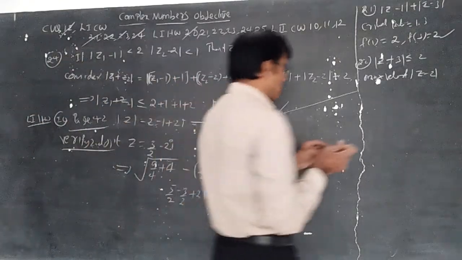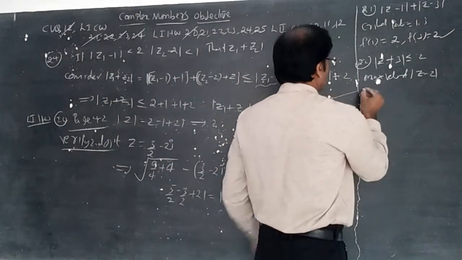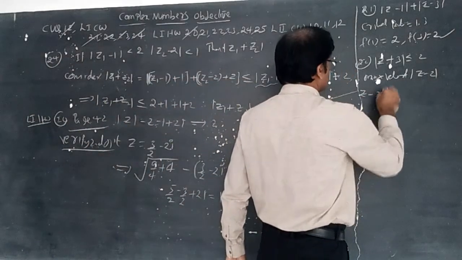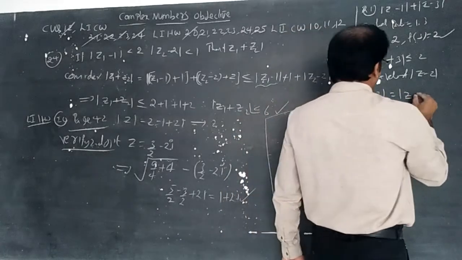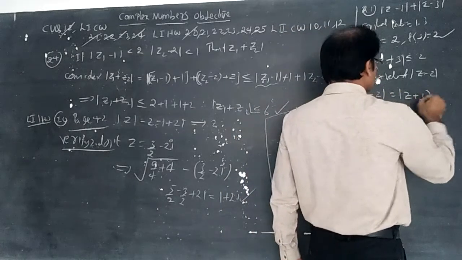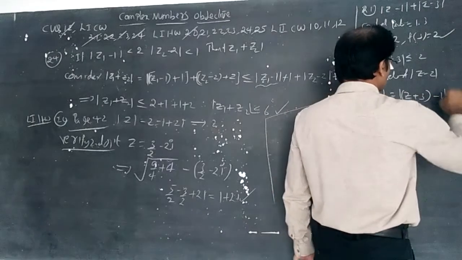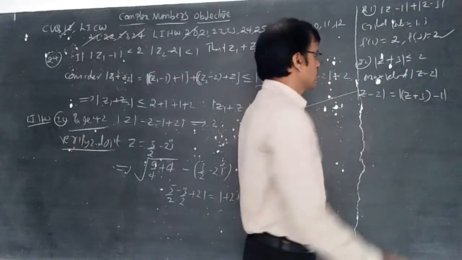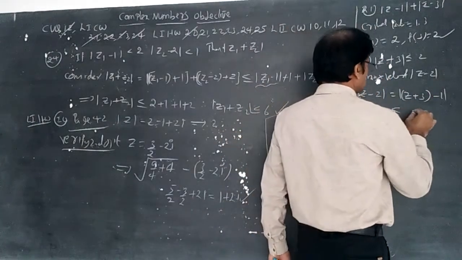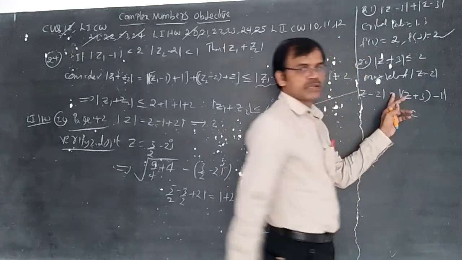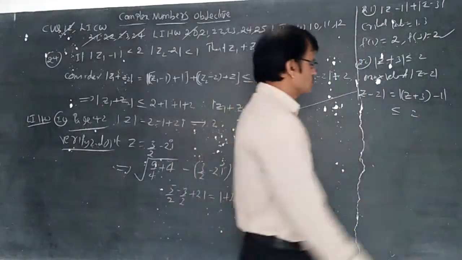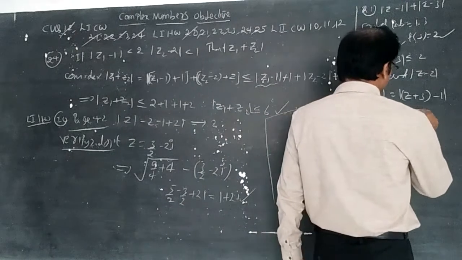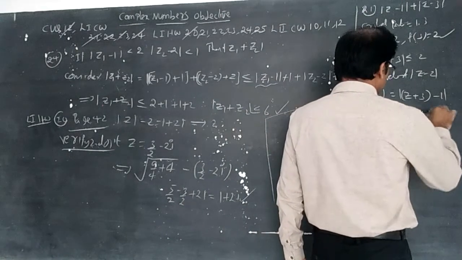First of all, how to convert, we have learned. Now modulus of z minus 2 is equal to modulus of z plus 3 minus 1. Now depending upon this, you will be able to understand this is less than or equal to, by the triangle inequality, modulus of z plus 3 plus 1. So directly you can write, this is 2 plus 1.